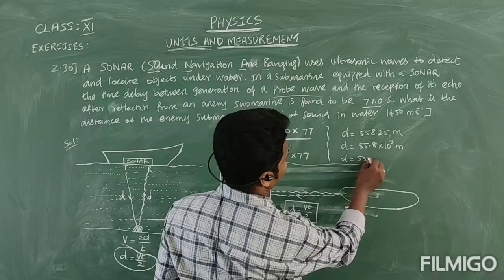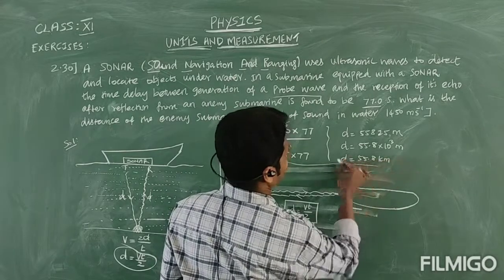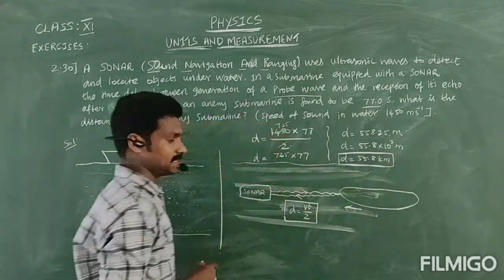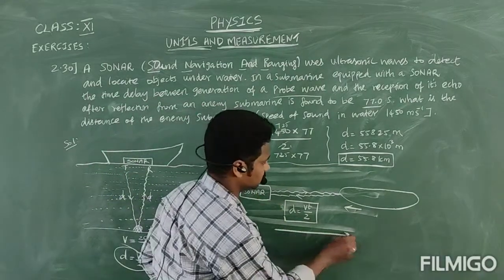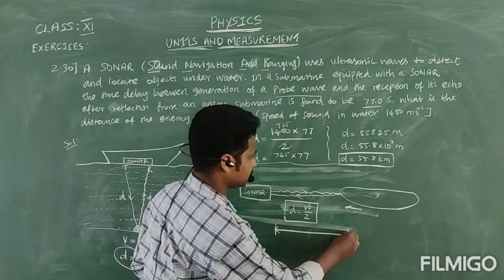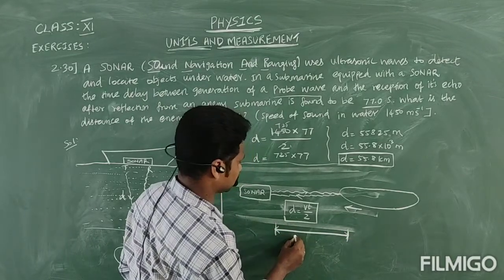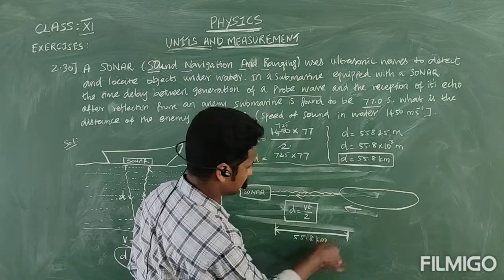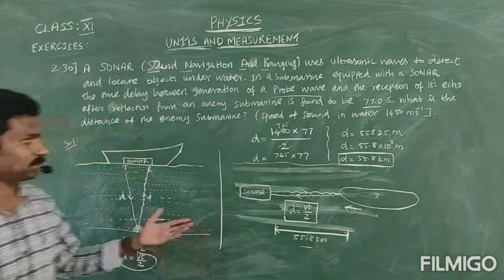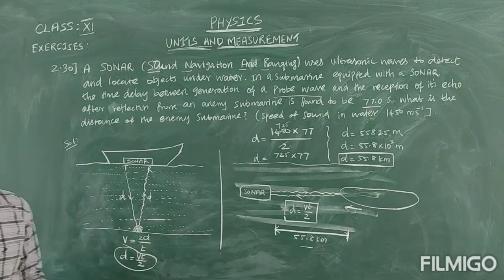So 55.8 kilometer. So now we can calculate the distance between our position to that enemy's submarine. Distance is that is 55.8 kilometer. By using the sonar, it is possible to find. Okay, thank you.